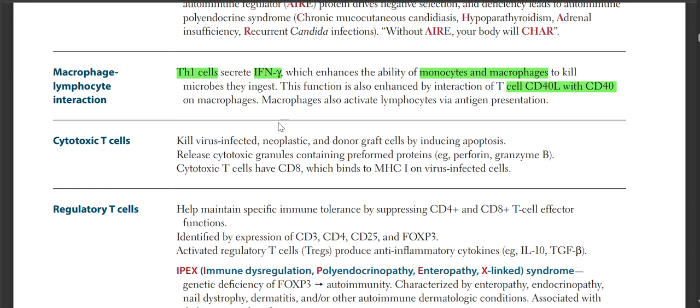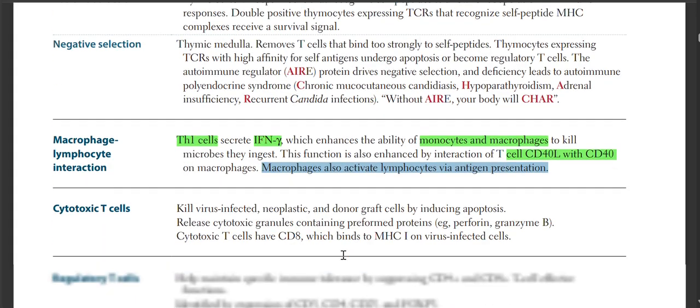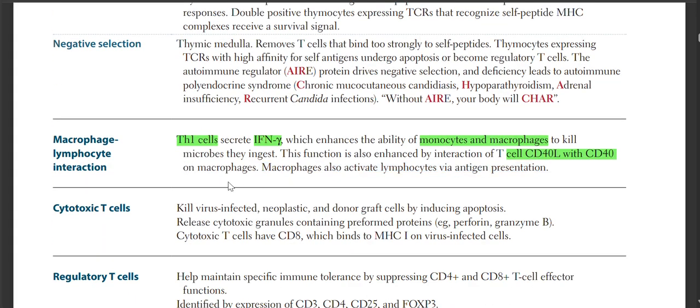Okay. And actually, this part is also very important, and we will learn about this here. But the idea is that macrophages, when they phagocytose a random bacteria, have the ability to present the antigens from that bacteria to lymphocytes. And when they present antigens to the lymphocytes, those lymphocytes can get activated themselves.